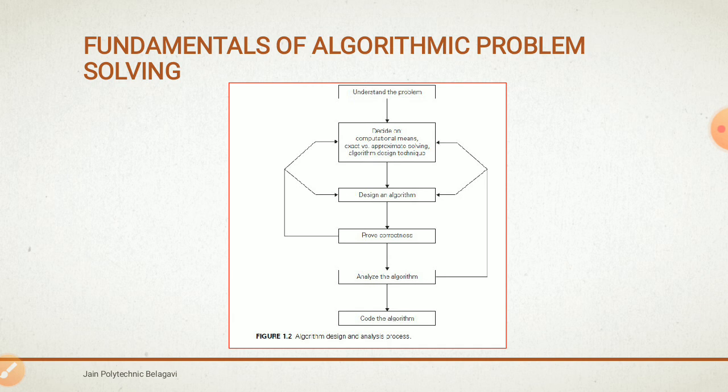Then proving an algorithm's correctness. Algorithmic verification means checking correctness of the particular algorithm whatever we have written. After specifying an algorithm, we should go for checking correctness, and we normally check whether the algorithm gives correct output in a finite amount of time for a valid set of inputs.